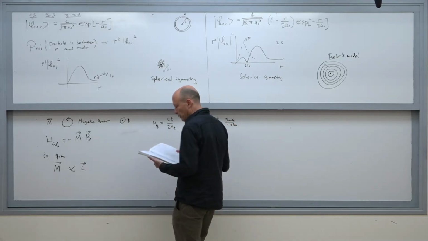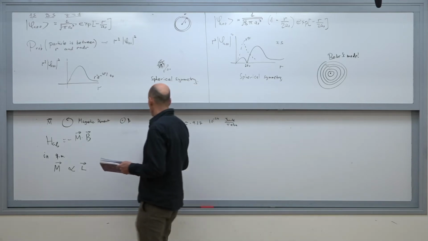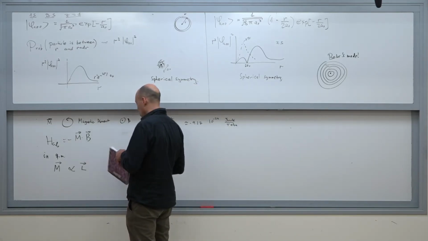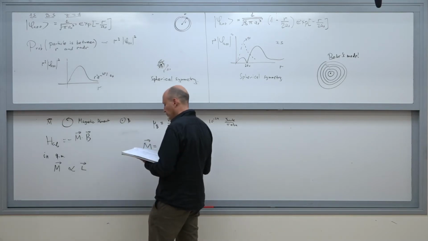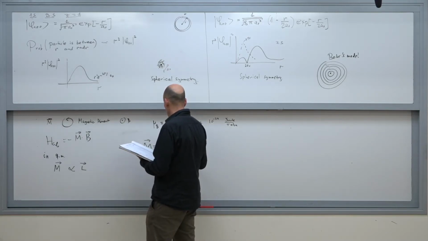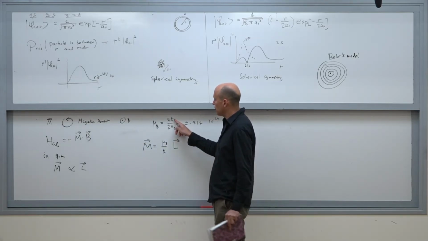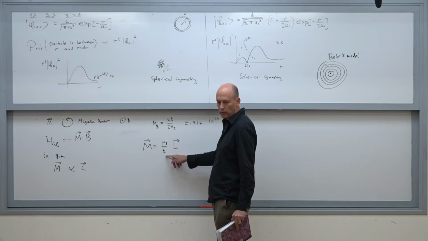Doesn't really matter. The point is the following, that M is equal to this magnetic moment over h bar times L. So actually this h bar is redundant, we define it here.